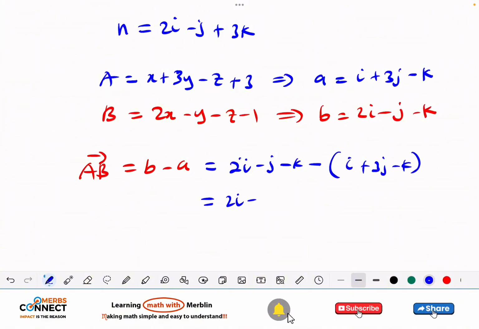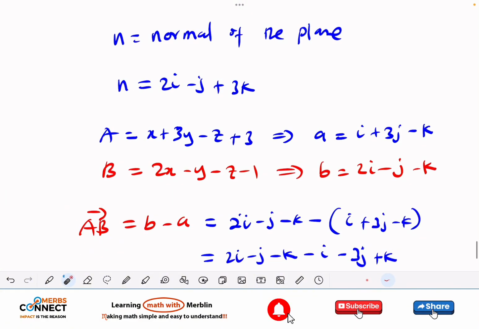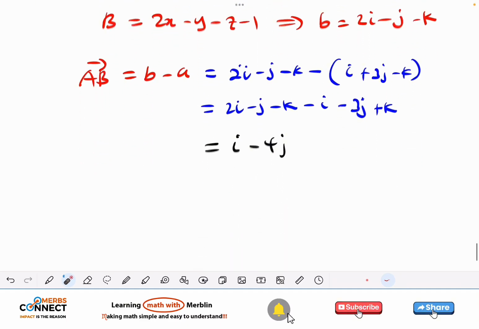So 2i minus j minus k minus i minus 3j plus k. So this is going to give us i minus 4j, and then the k place will just get to 0. So now that we have this and then we have this, now we can go through the process.